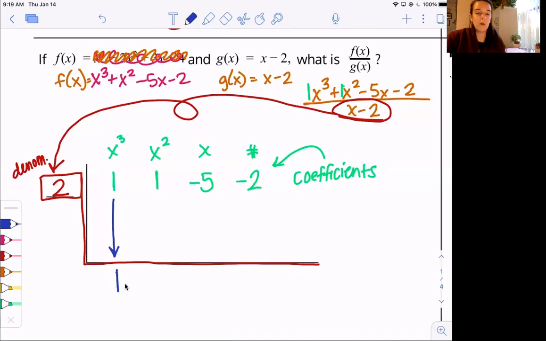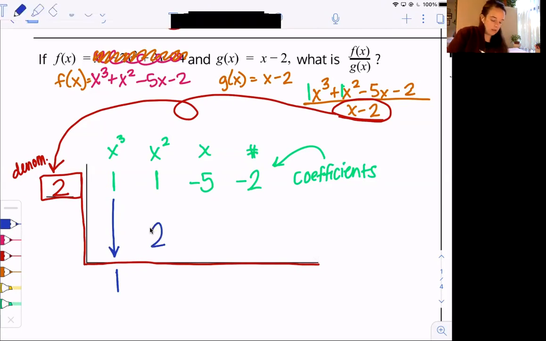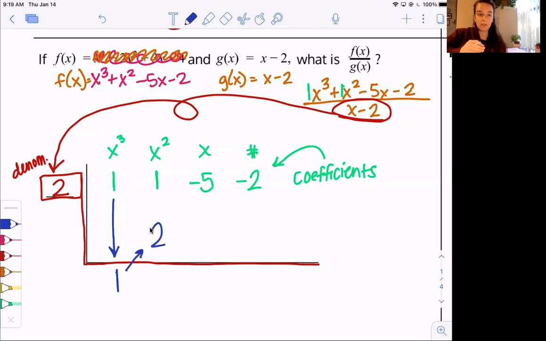I'm going to multiply 1 times 2, and I'm going to put that number right here under the next one. We do this little dance. We go down, and then we go up and over at the same time. So down and then up and over. And then I add the 1 plus the 2, which gives me 3.